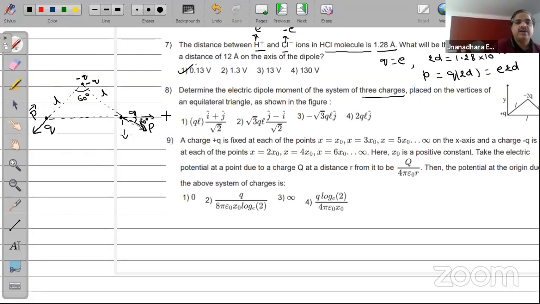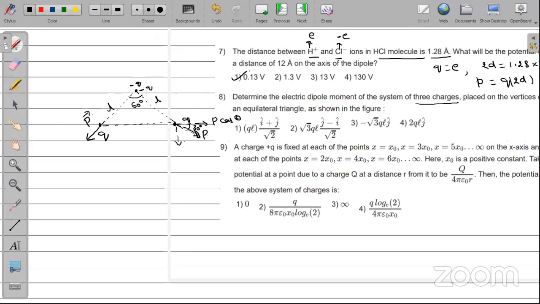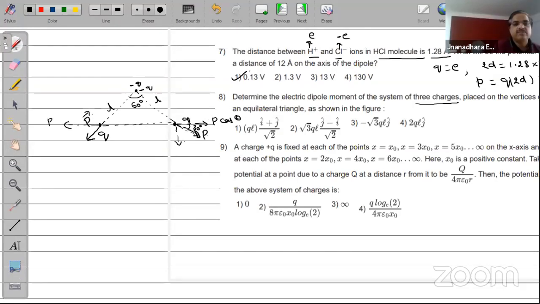So I can say this is P cos theta. Okay, this angle also is theta. Then I'll have P sin theta. P cos theta will cancel off. So what you have is only P sin theta. And hence I can say that the net dipole moment will be equal to 2P sin theta.